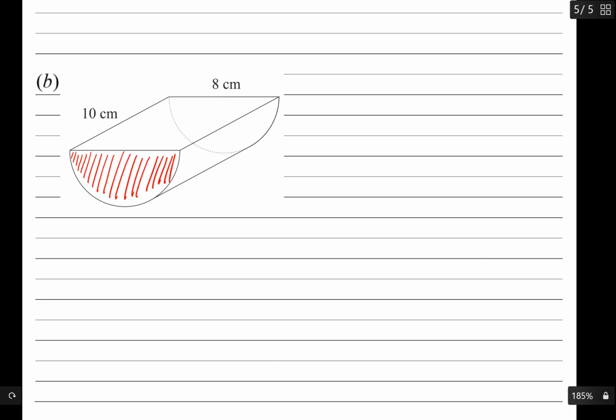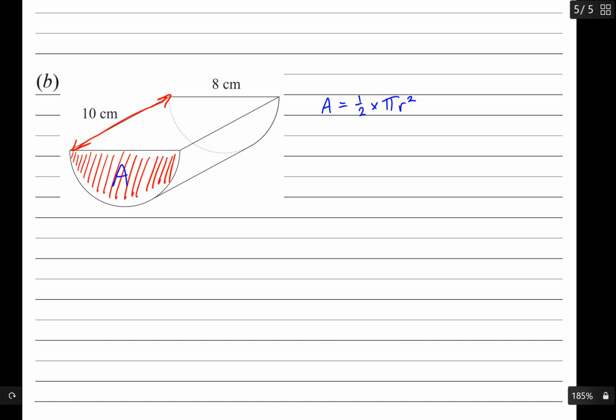So if I can take the area of that semicircle and multiply it through by the depth, that's going to give me the volume that I'm after. I'll call that A for the area of the semicircle.